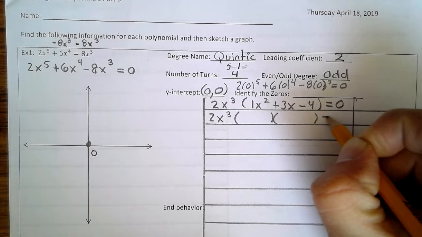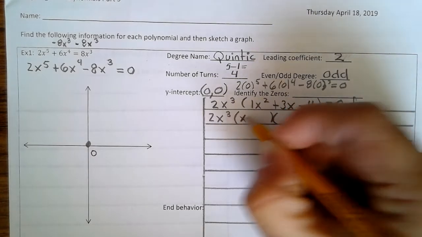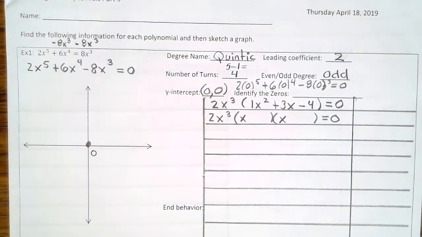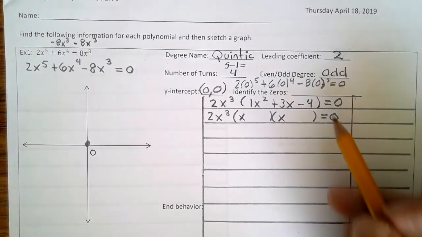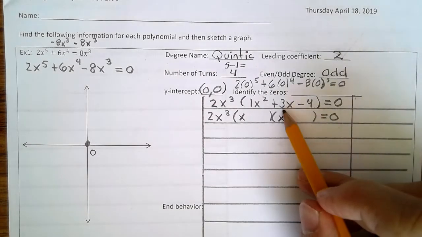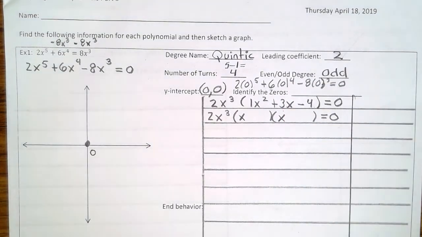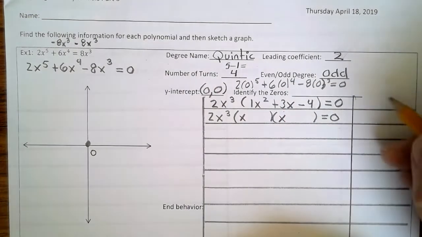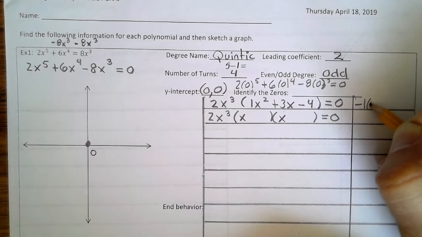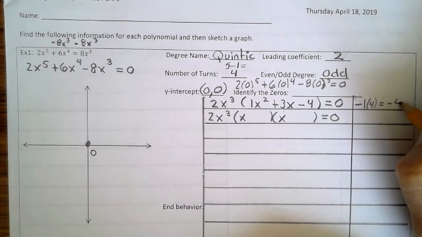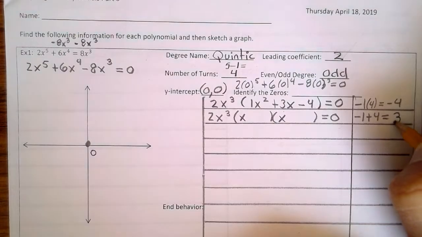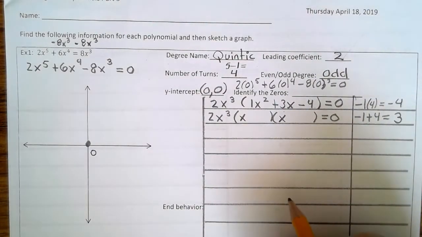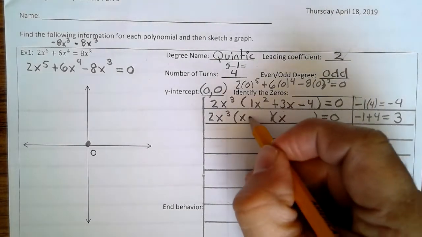We know x and x make x squared. Now we need to find all the combinations to make negative 4 and combine to be a positive 3. So let's try negative 1 times 4 is negative 4, and then negative 1 plus 4 equals 3. So that works. So our factors are x minus 1 and x plus 4.